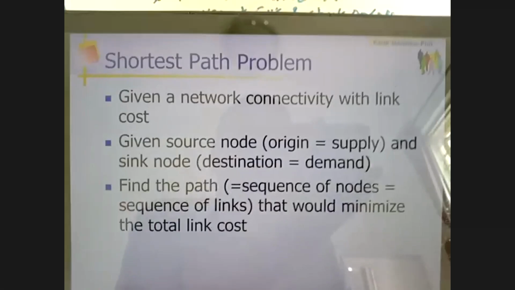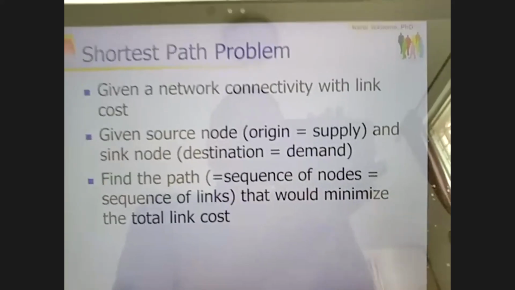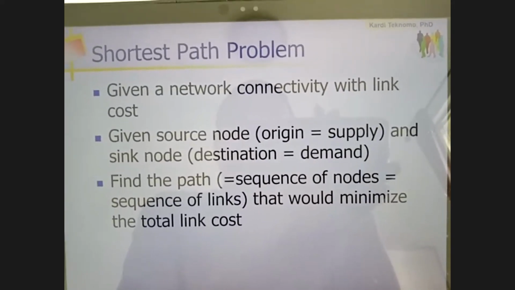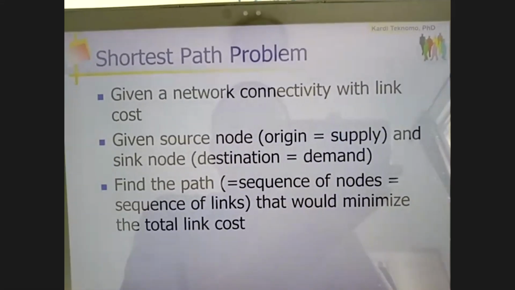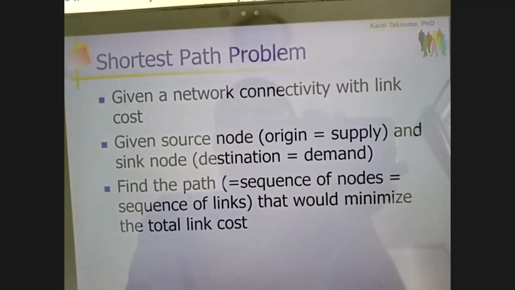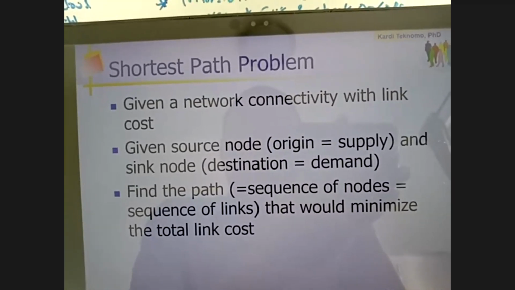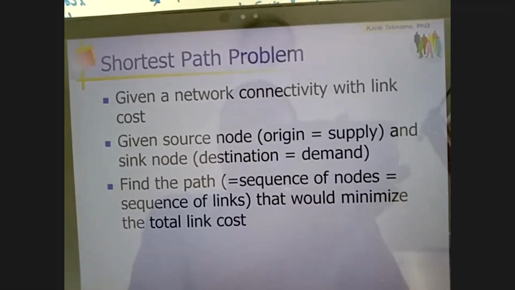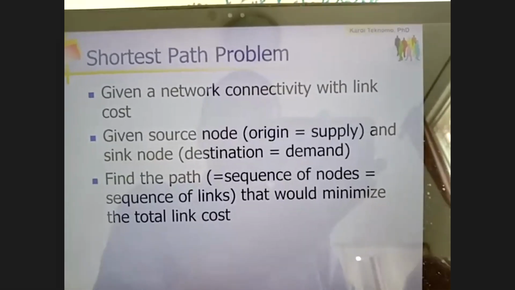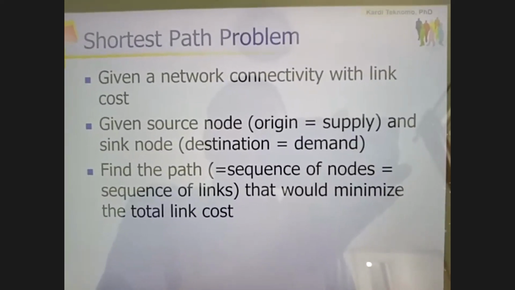Okay, so you can find, given the network with the connectivity, and then the link have cost, and then you have some kind of one node as origin where there is a supply, and then another node is the sink node, that is the destination. Okay, you need to find the path. The path means the sequence of node or the sequence of link that would minimize the total link cost.